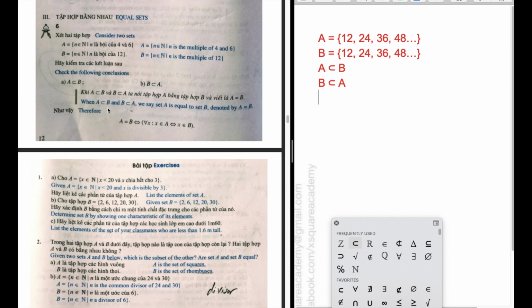When A is contained in B and B is contained in A, we say set A is equal to set B, denoted by A = B. Therefore, set A equal to set B is the necessary and sufficient condition for any x, so that x is an element of set A if and only if x is an element of set B.